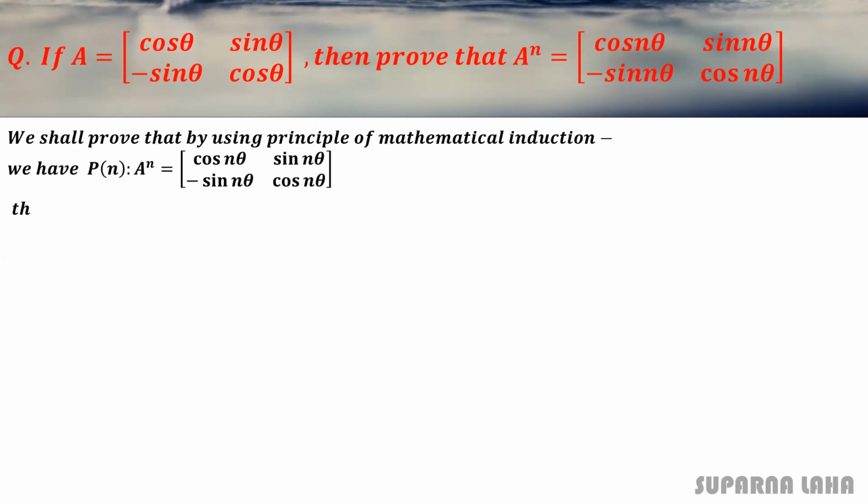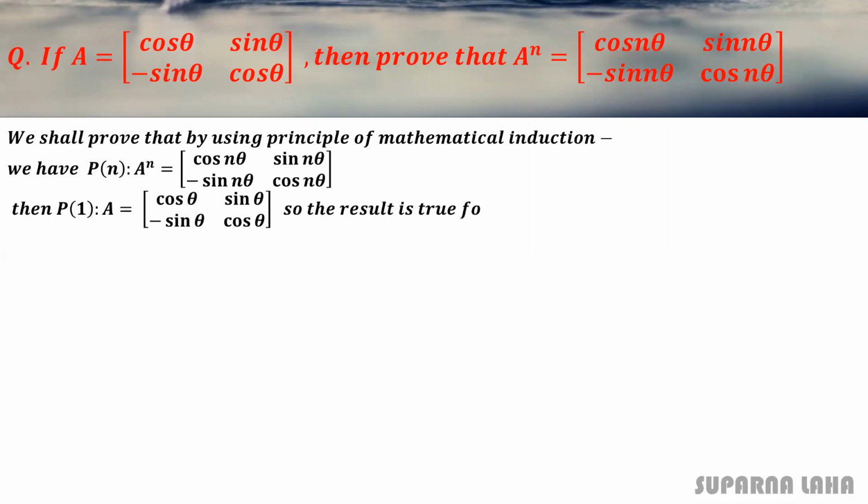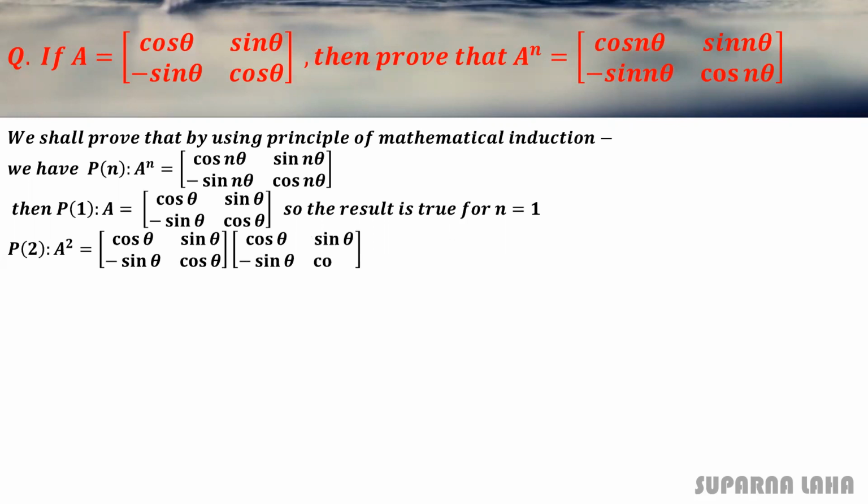Now what is P(1)? Just put n is equal to 1 here. So for n is equal to 1, the result is true. From the matrix, you can easily say that. Now for n is equal to 2, that means A square is cos theta, sin theta, minus sin theta, cos theta, multiplied again with A. Just multiply row with column.